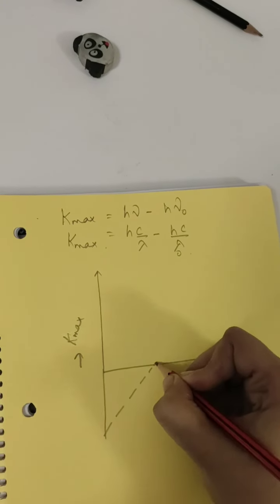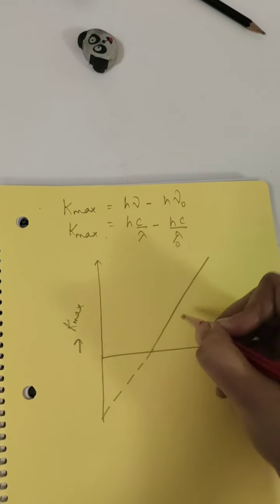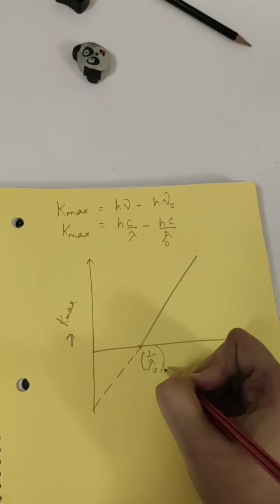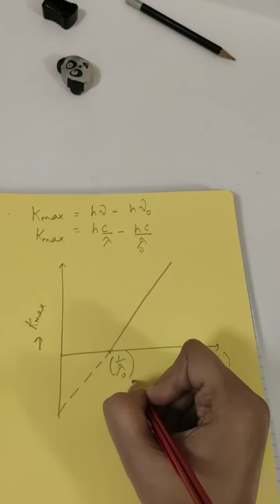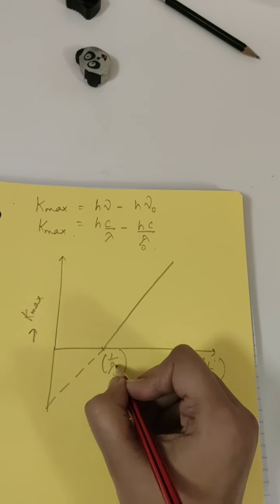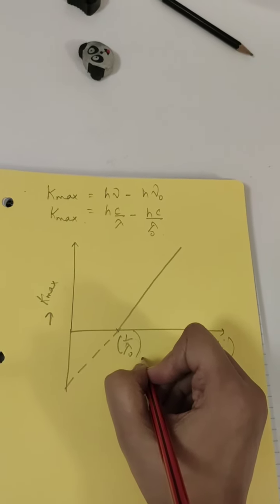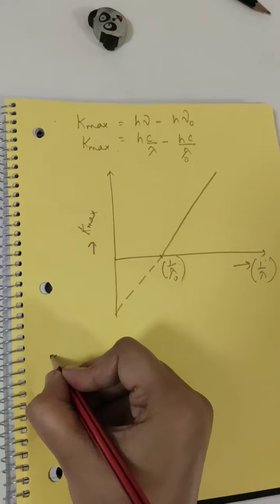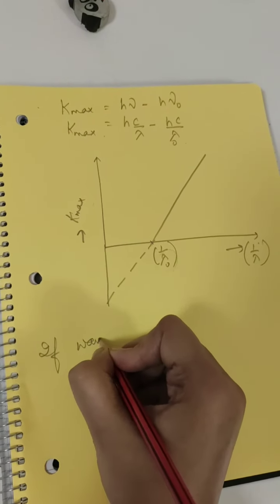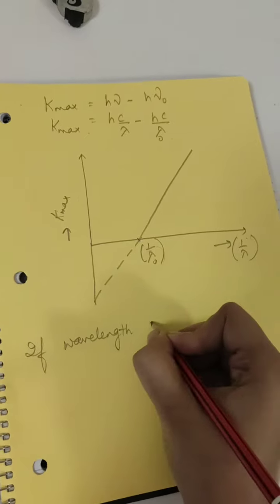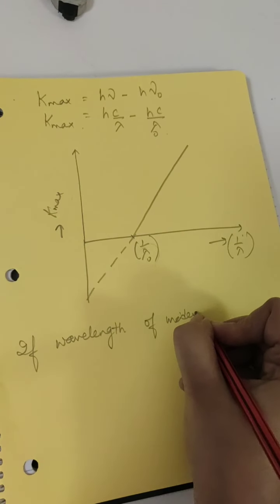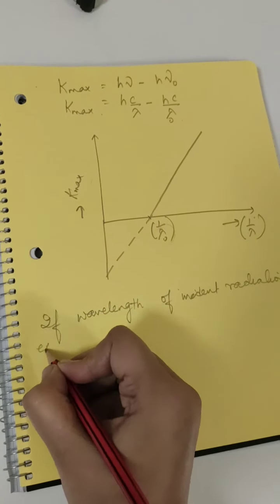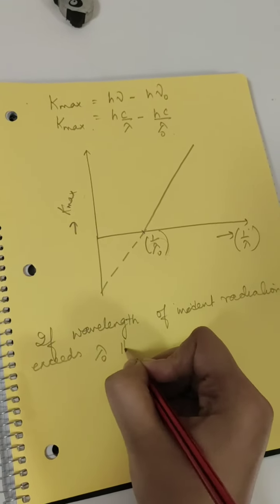Then it is again something like this, a straight line, no bending. This is 1 by lambda naught. Lambda naught is the threshold wavelength, the maximum value of the wavelength above which there is no photoelectric emission. If the wavelength of the incident radiation exceeds lambda naught, there is no photoelectric emission.